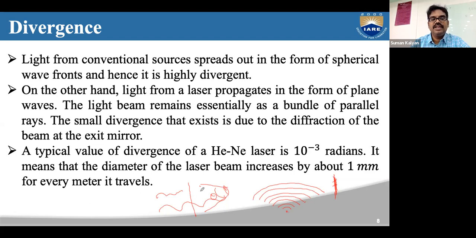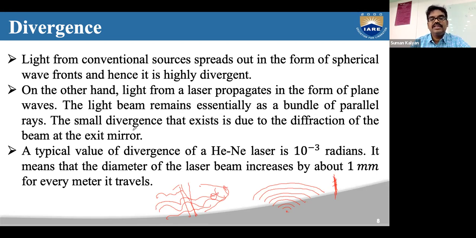That's what we call plane waves. So the light beam remains essentially a bundle of parallel rays. At any plane you take, all the rays will have the same value. So the light which comes out of the laser is in plane waves.